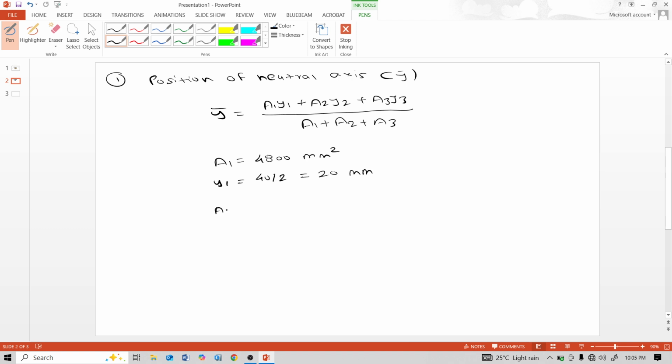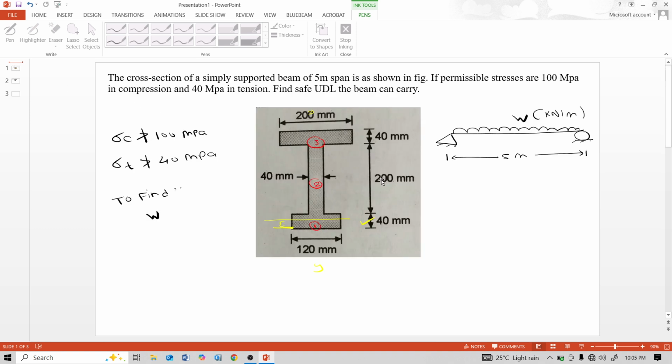Similarly, area of web A2 is 40 multiplied by 200, 8000 mm square.